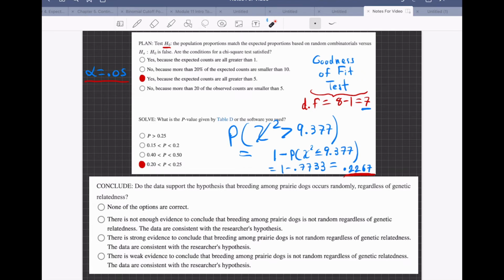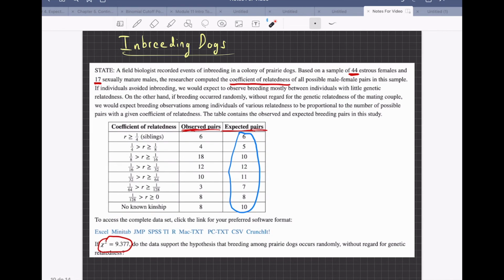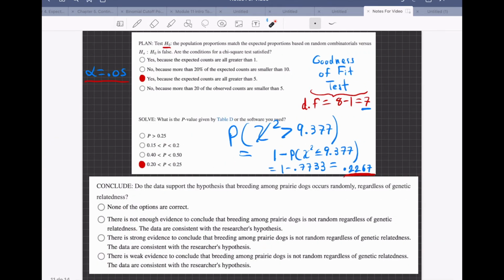I'm sorry. We're talking about inbreeding dogs, right? So I think the one should be there is weak evidence. No, there is strong evidence.